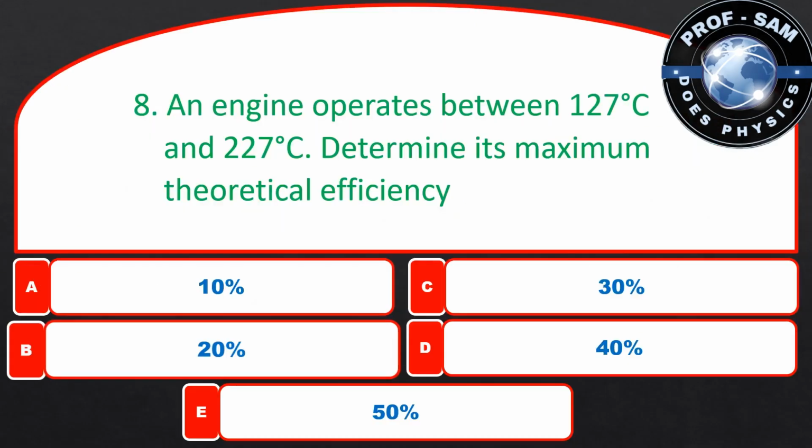An engine operates between 127 degrees Celsius and 227 degrees Celsius. Determine its maximum theoretical efficiency. So when temperatures are given, we can calculate the maximum efficiency as change in temperature over the initial temperature.